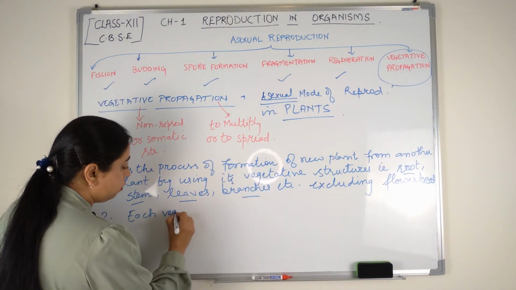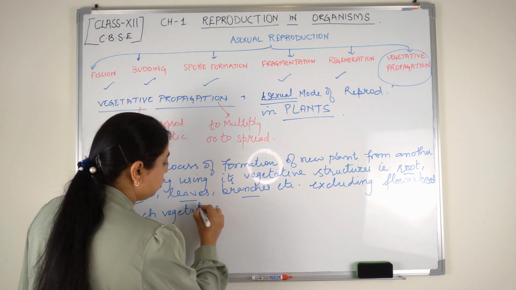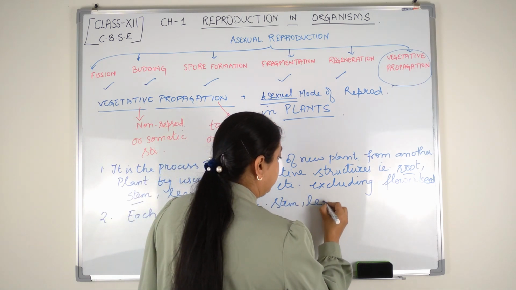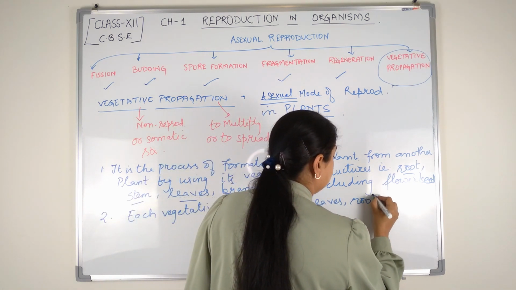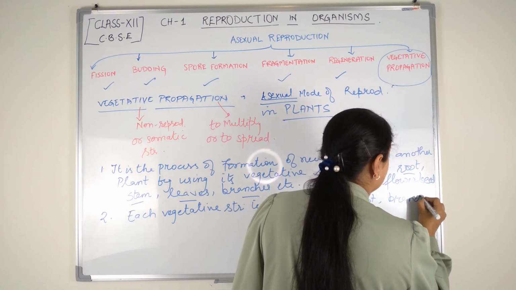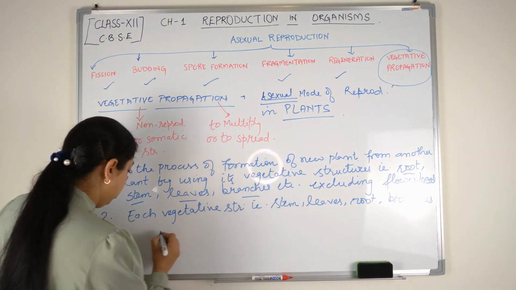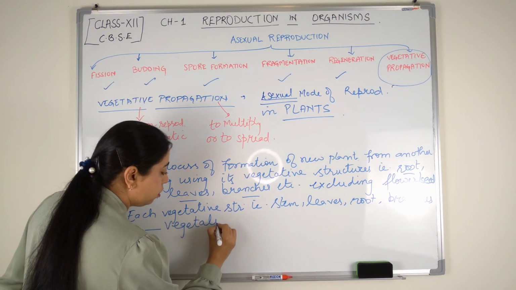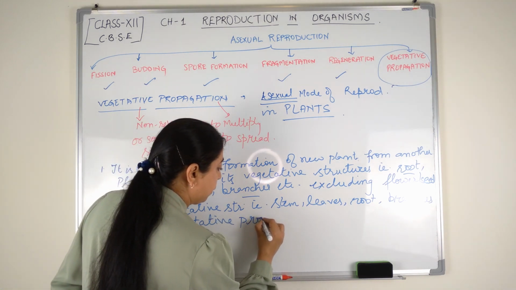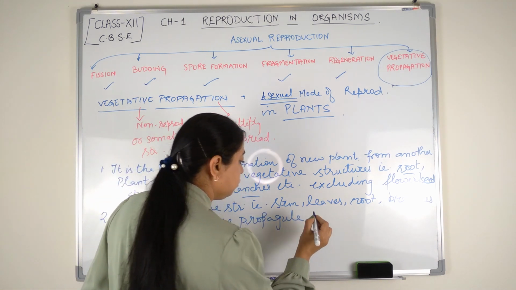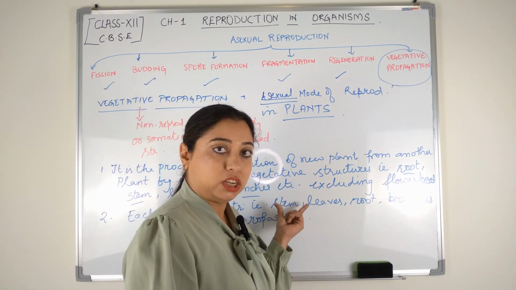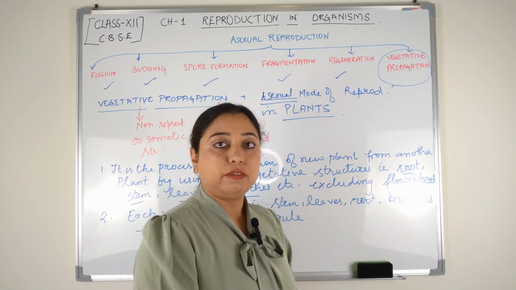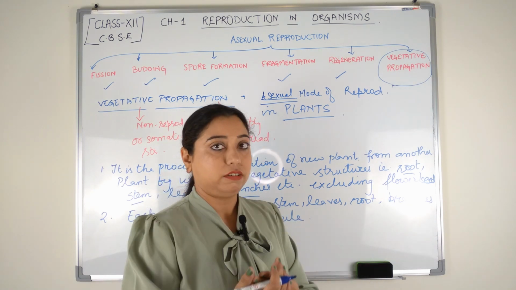Each vegetative structure, that is stem, leaves, root, branches, is known by a term that is vegetative propagule. Right? Means the stem is one type of vegetative propagule, leaf is another type, root is another type and branches, they are another type of vegetative propagule. All of them are vegetative propagules.